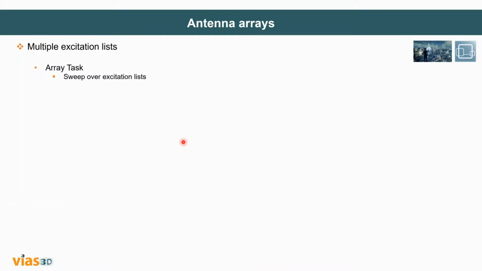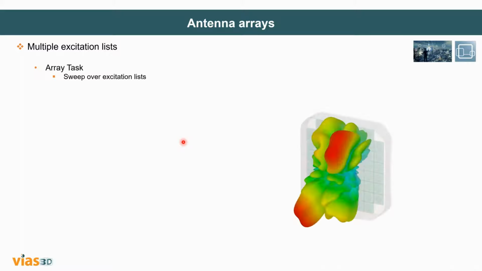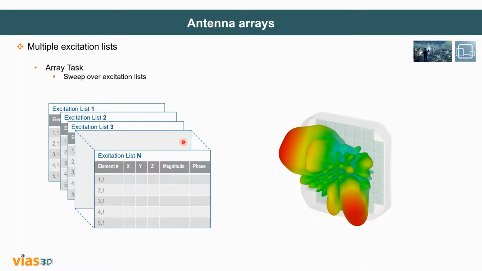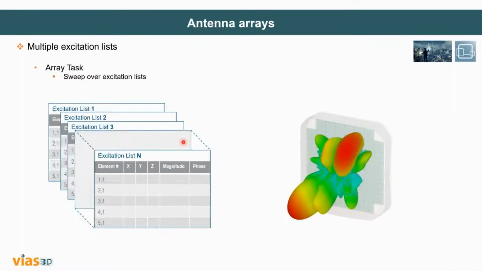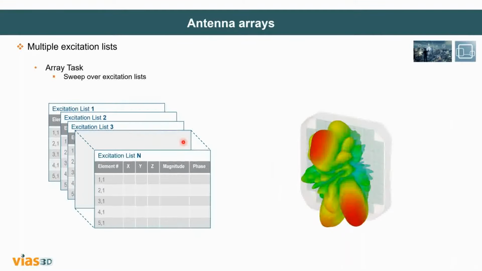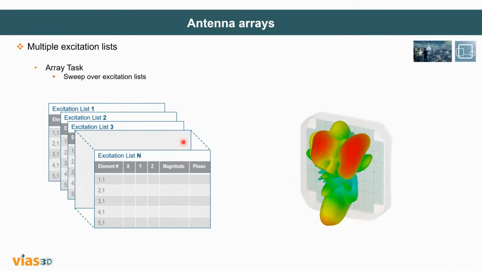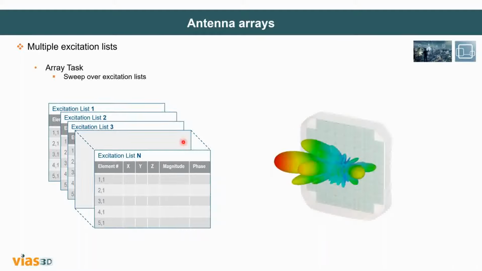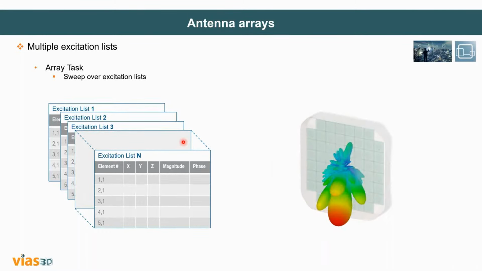Yeah. So the next one is on antenna arrays, and a multiple excitation list has been introduced in the antenna array task. And with those excitation lists, what benefit can we get? In order to ensure greater bandwidth, higher download speed, and the connectivity requirements, arrays of antennas are usually required.